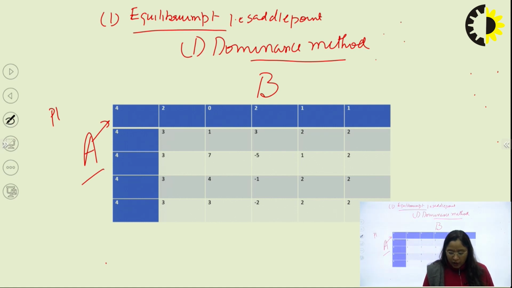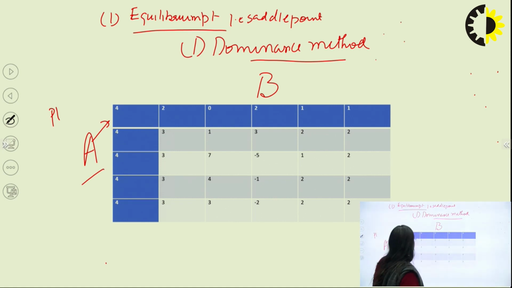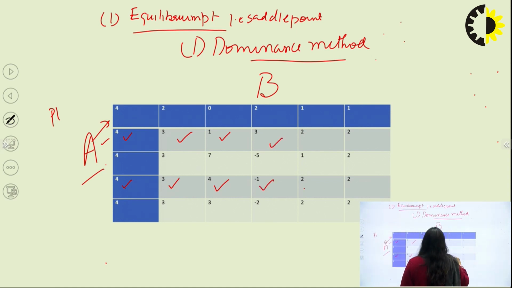If a particular row is dominated by some other row, for example, in this case rows 2 and 3, row 2 is dominated by, you can see, 4 is equal to 4, 3 is equal to 3, 4 is greater than 1, minus 1, 3, 2, 2 and 2 and 2.